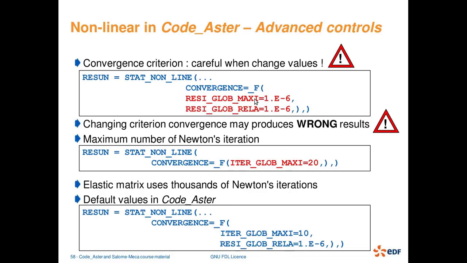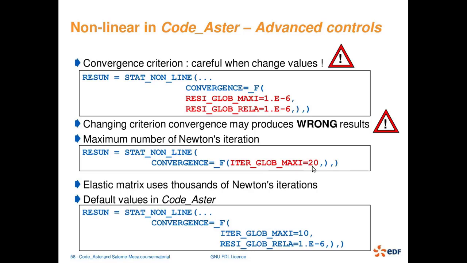But if you want to check both absolute residual and relative residual, then we should give the values of both. Okay. And for the maximum number of Newtonian iterations, in order to increase beyond 10, we can give ITER_GLOB_MAXI, the maximum number of iterations in every time step.